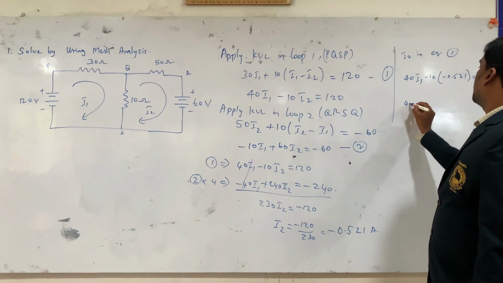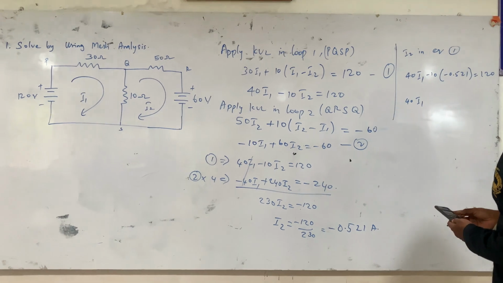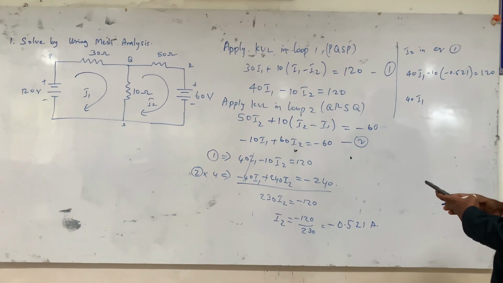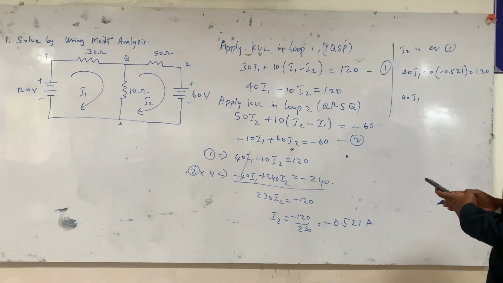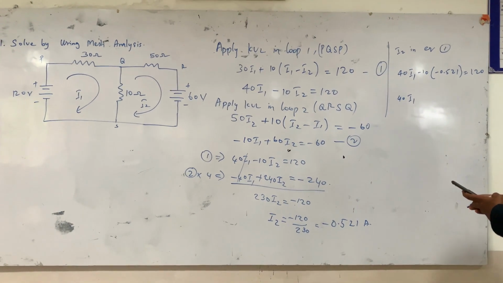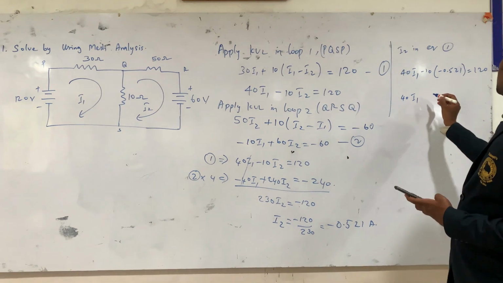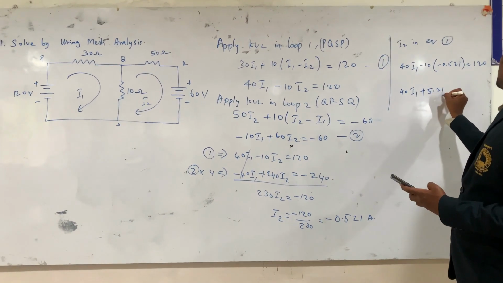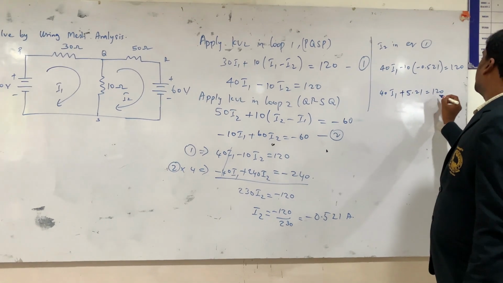So here it is 40 I1 plus 5.21 is equal to 120.